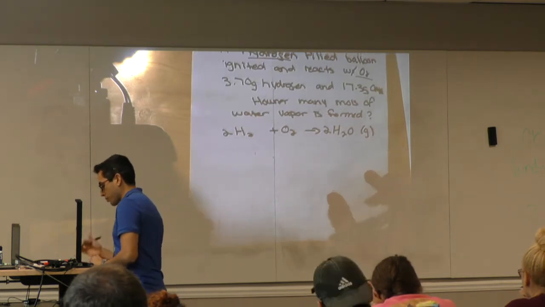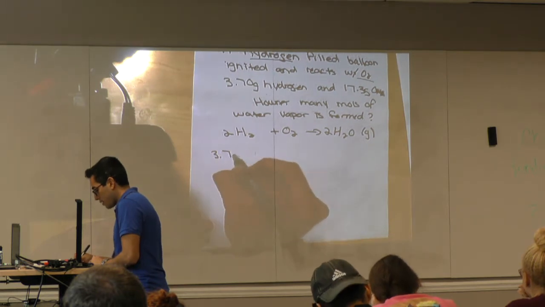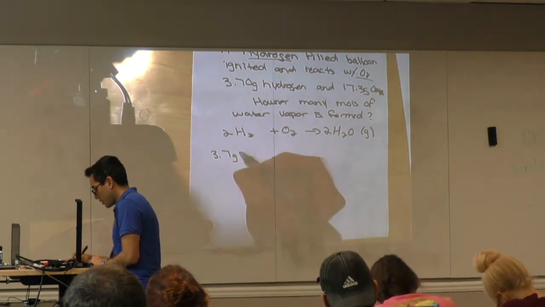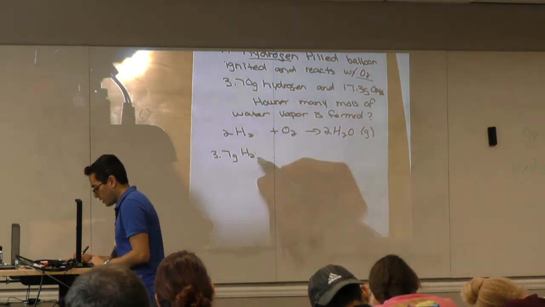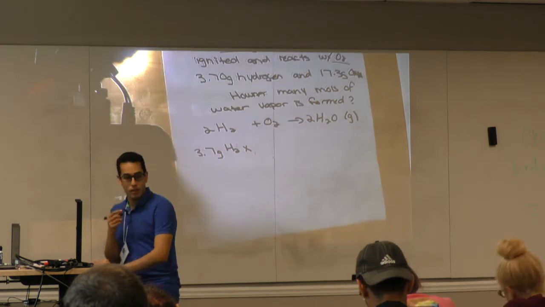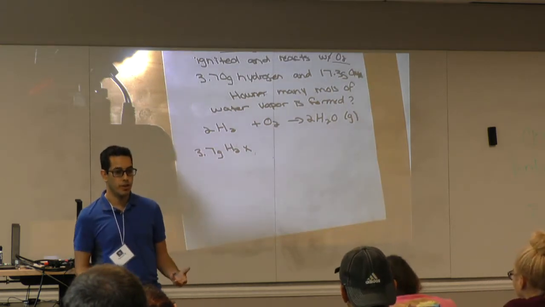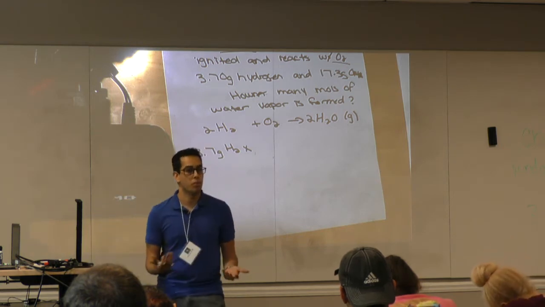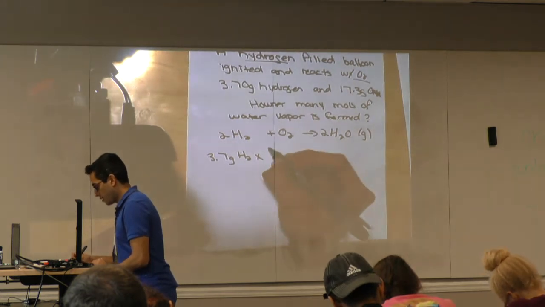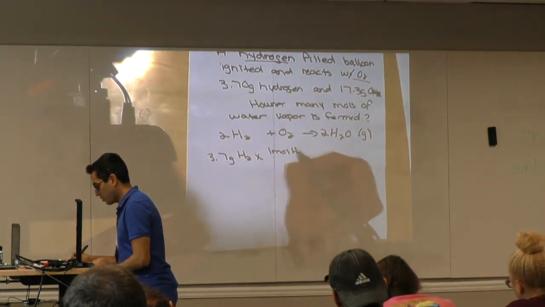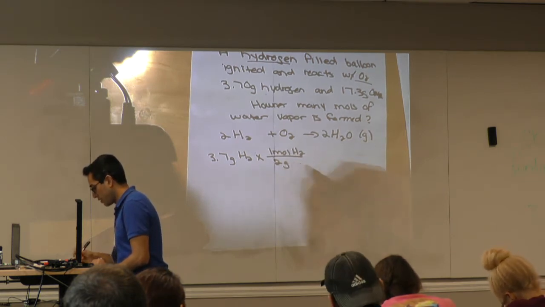So we start with what we have, right? We know we have 3.7 grams of hydrogen, H2, and we want to convert that into moles of water vapor. So first, we have to convert hydrogen into moles of itself, because we can't compare mole ratios unless both of the units are in moles. Okay? So we're just going to do the mole ratio. 1 mole H2 is approximately 2 grams of hydrogen.